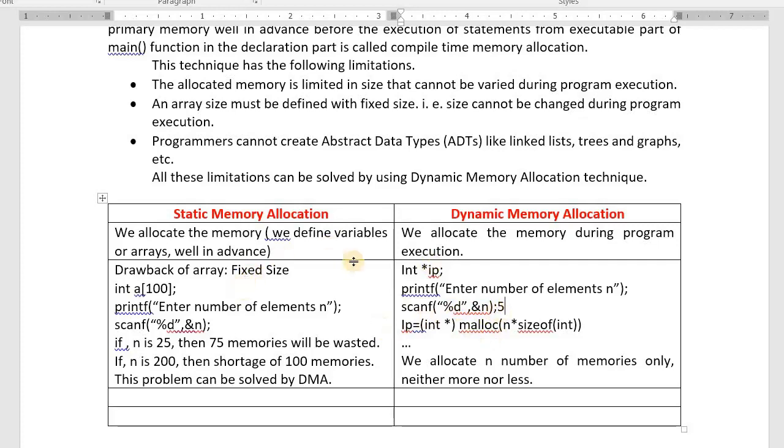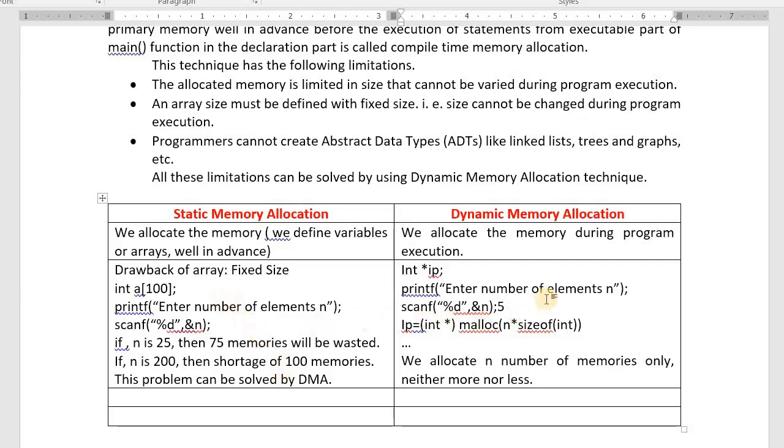I hope you understood. Static memory allocation means allocating the memory well in advance. Dynamic memory allocation means allocating the memory during program run. It results in an efficient program. Static allocation is not efficient, because we are sometimes wasting some memories, and sometimes we face the problem of shortage of memories. How to solve this problem?